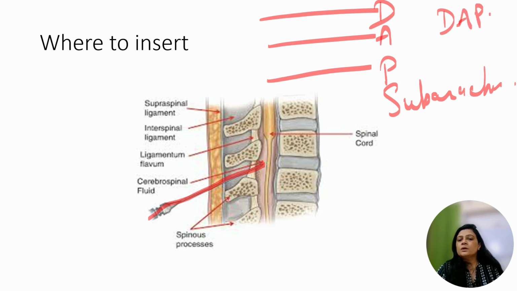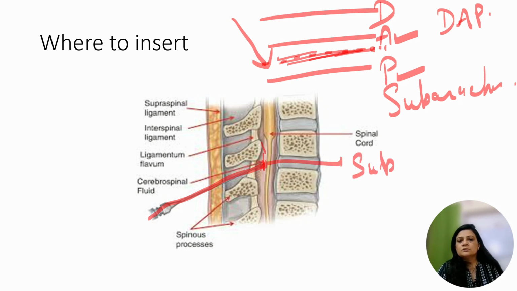The subarachnoid space is between the arachnoid and the pia, located here. The CSF is collected from this layer. So the answer to this question is the subarachnoid layer.